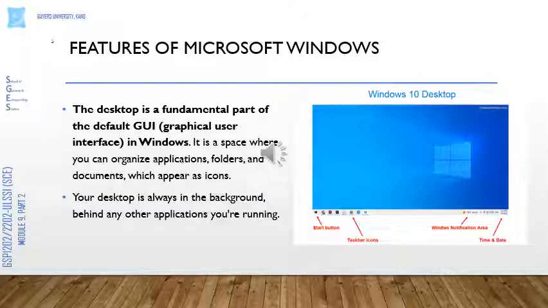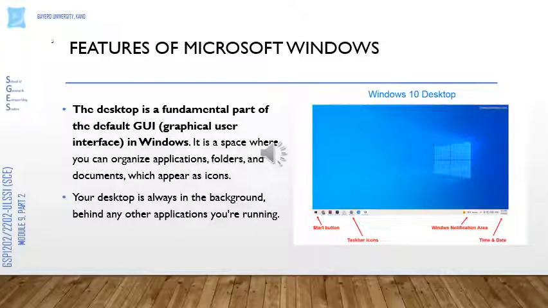The desktop is a fundamental part of the default graphical user interface, called the GUI, in Windows. It is a space where you can organize your different applications, your folders, your documents, etc. All your applications on your Windows can be moved to your desktop for much easier access.